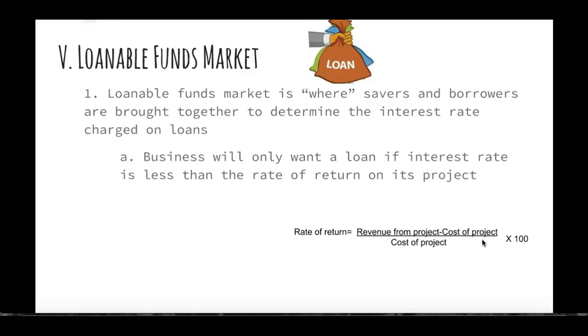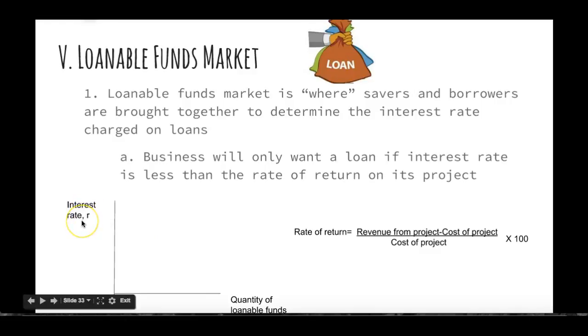So when I look at the loan I'm going to potentially be charged, I want to make sure the interest rate I'm charged is lower than whatever I'm expected to get from making my business bigger. So the demand for loanable funds is a downward sloping curve, just like any demand curve.